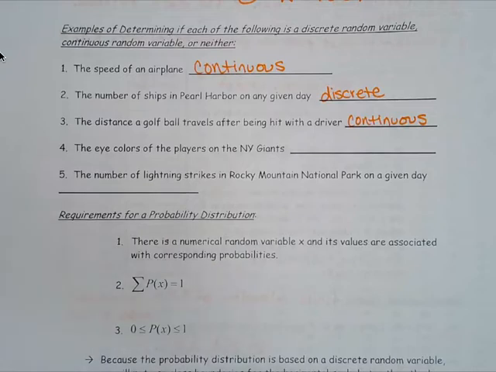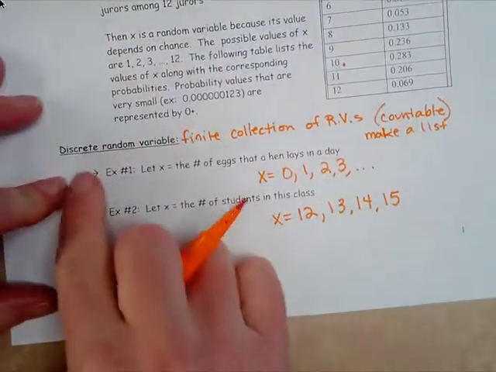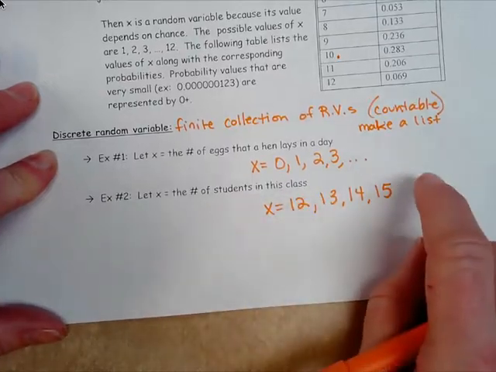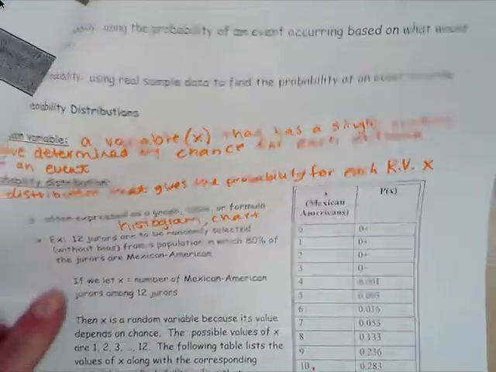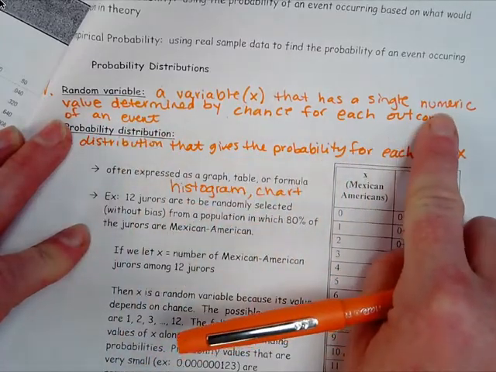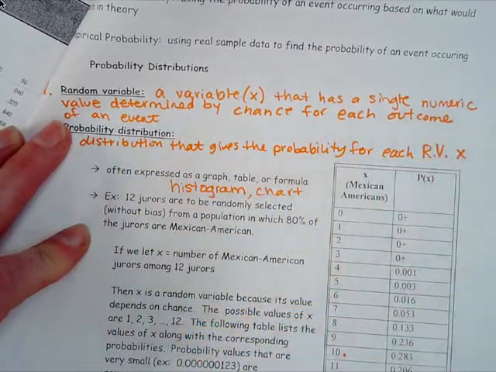The eye colors of players on the New York Giants. We could make a list, but is it numeric? No. So that was a little thing to kind of throw you off, because we know that a random variable has to have a single numeric value.